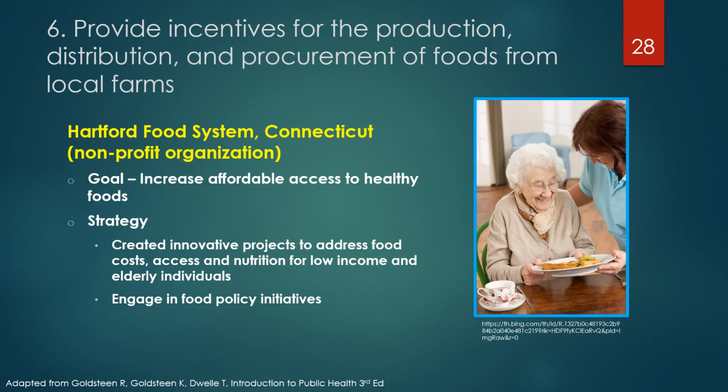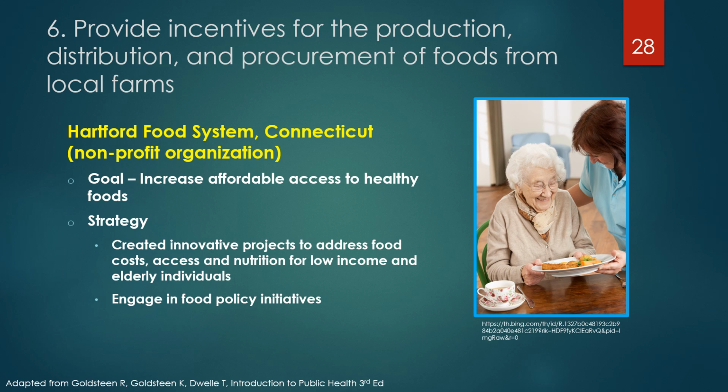6. Provide incentives for the production, distribution, and procurement of foods from local farms. The Hartford Food System in Connecticut is a nonprofit organization working to create an equitable and sustainable food system that addresses the underlying causes of hunger and poor nutrition facing low-income and elderly residents.